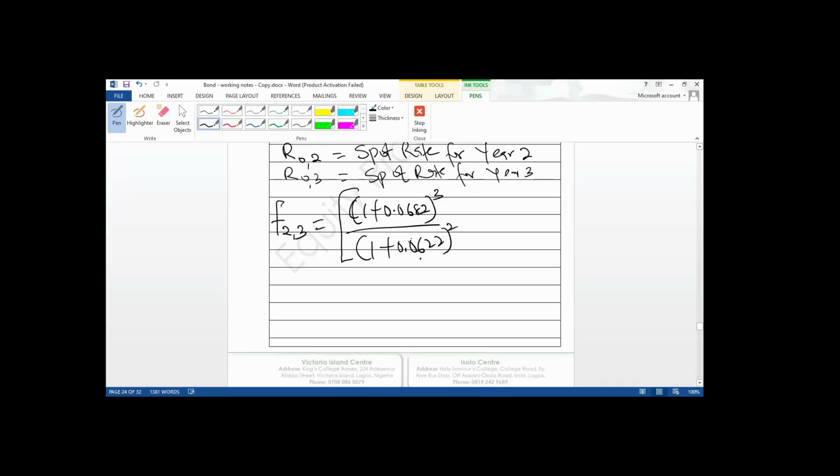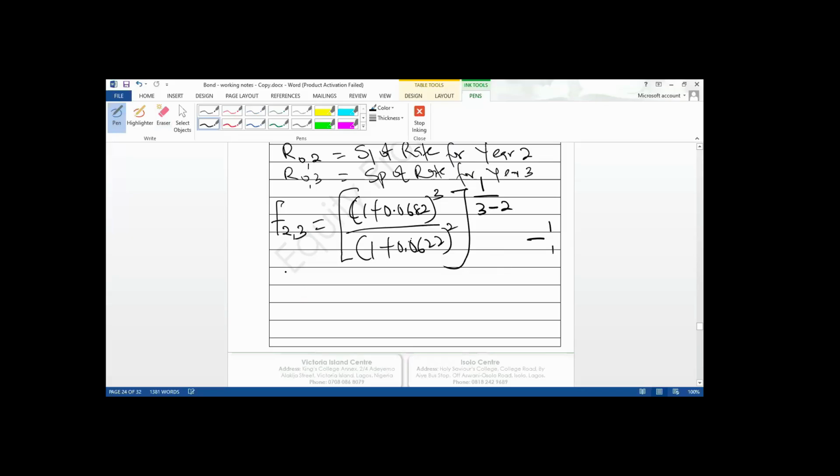This is spot rate for year 2, spot rate for year 3. Everything raised to 1 over 3 minus 2. Everything minus 1.